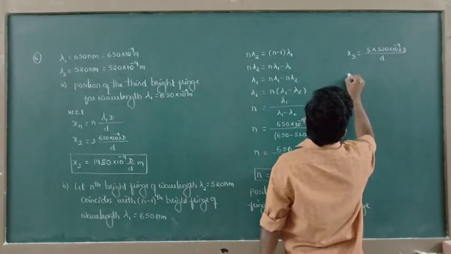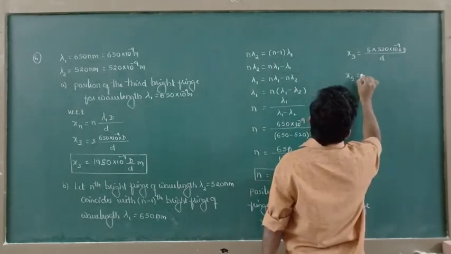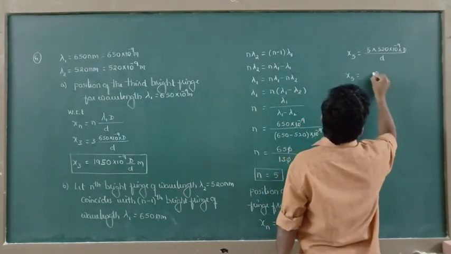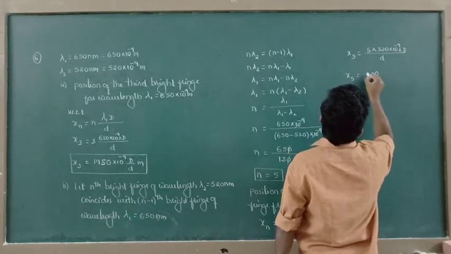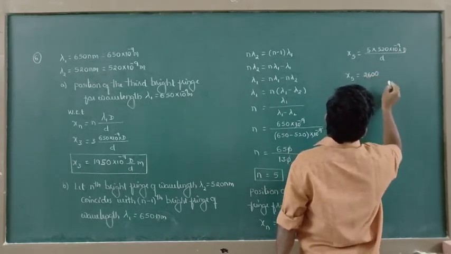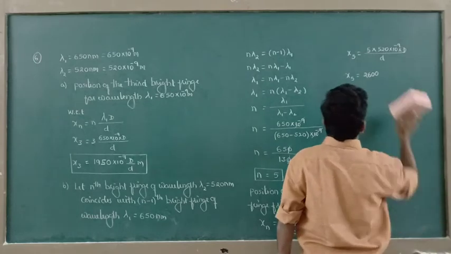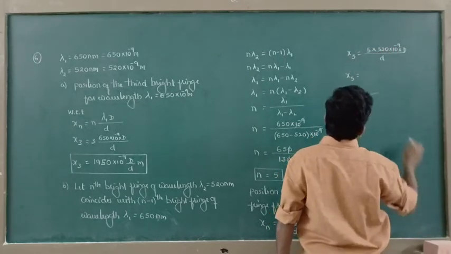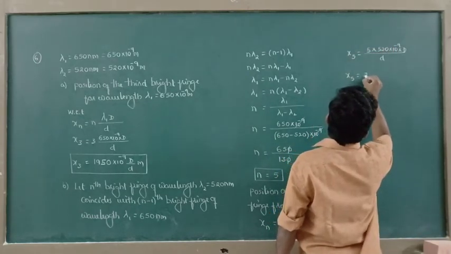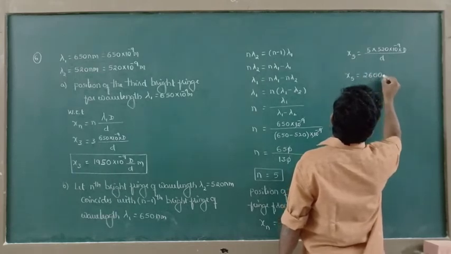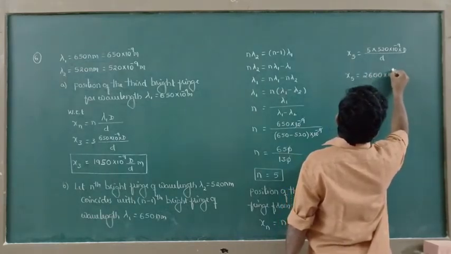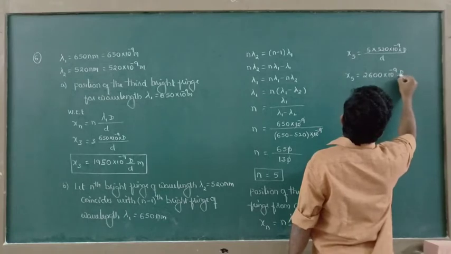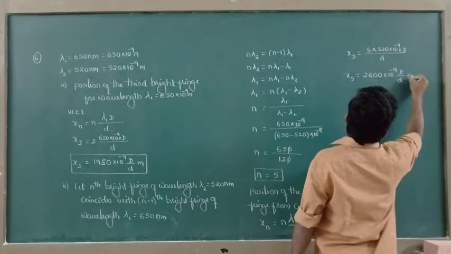Then x5 is equal to 2600 into 10 to the power minus 9 capital D divided by small d meter.